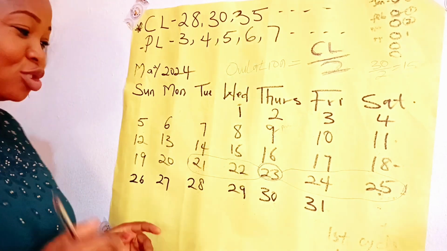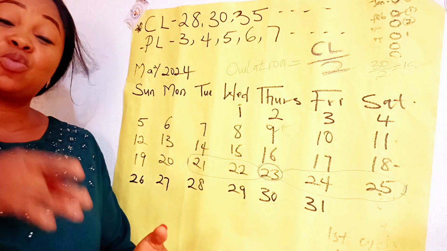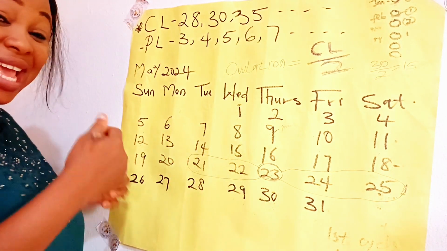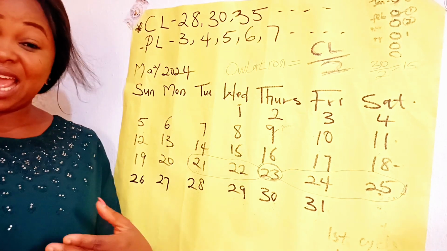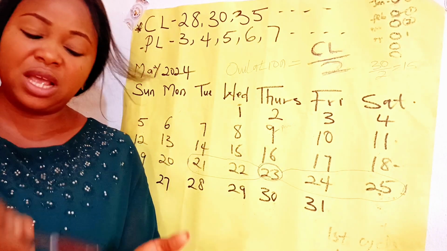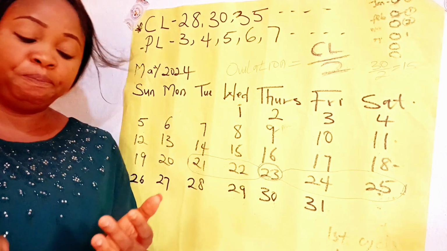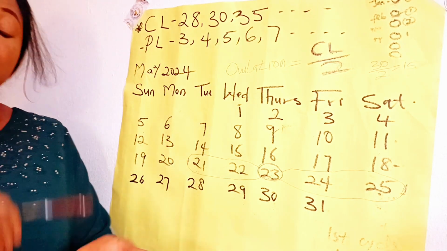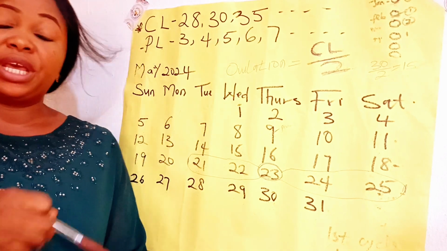That's what the emergency contraceptive pill will help you do. It will delay ovulation so that the sperm would have expired, because sperm cells can stay alive in the body for 3 to 5 days.